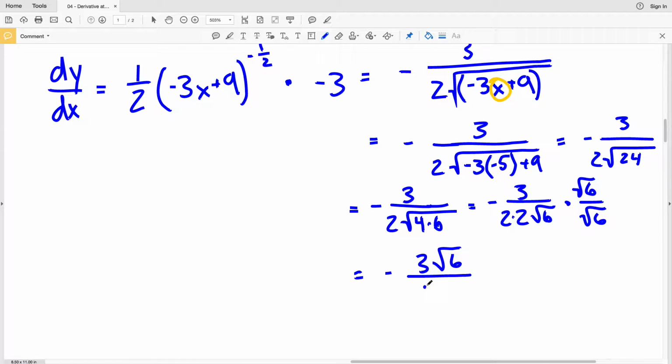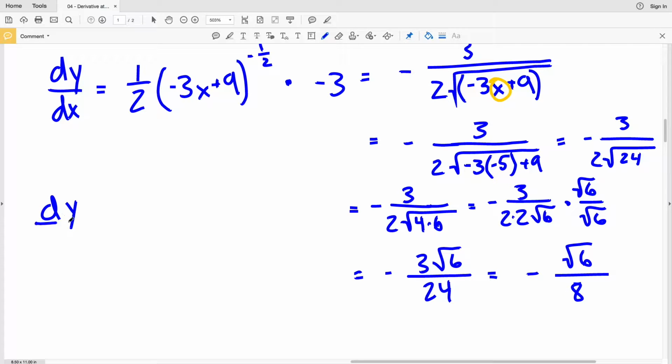And 4 times 6 is 24, but I know that both 3 and 24 are divisible by 3, so I'll get negative 1 times the square root of 6, or negative square root of 6, all over 24 divided by 3, which is 8. So negative square root of 6 over 8 is my solution.